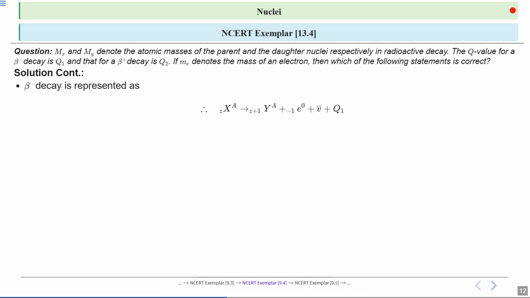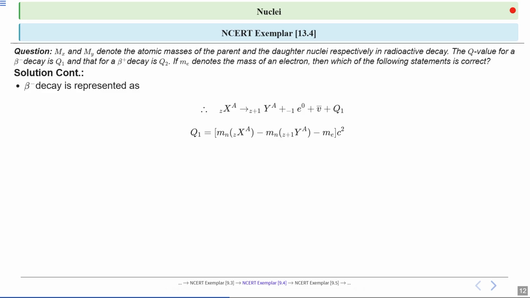So in beta minus decay, the nucleus of X with mass number A and atomic number Z converts to daughter nucleus Y with mass number A and atomic number Z plus 1 by emitting an electron and an antineutrino, and Q1 energy is released.